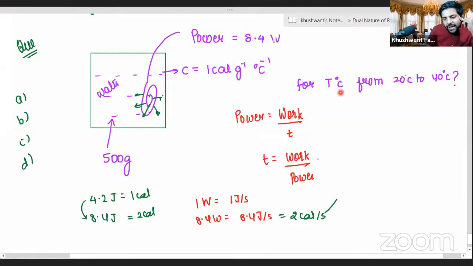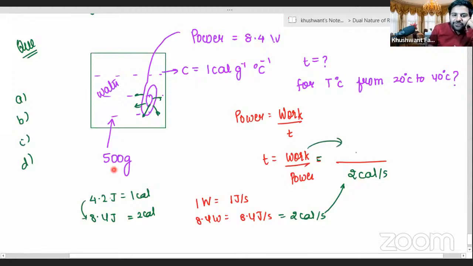Yes, let's have a quick further insight. So here we will have 2 calories per second. Everybody go ahead with your work. Calculate what is the heat amount required, for 500 grams. Put the heat amount here. Calculate the time.